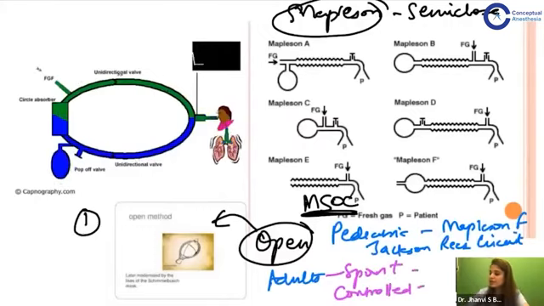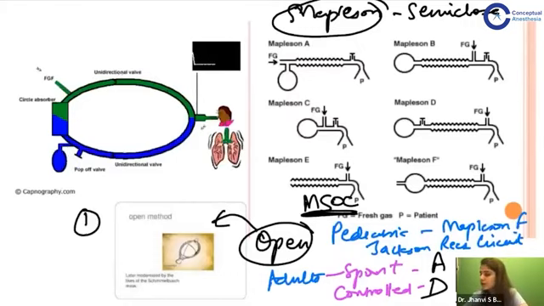Okay. So in adults for spontaneous ventilation, the Mapleson system of choice will be Mapleson A. And in adults, for controlled ventilation, the Mapleson system of choice will be Mapleson D or Bain's circuit. Okay. So this is all that will be asked in the exam.